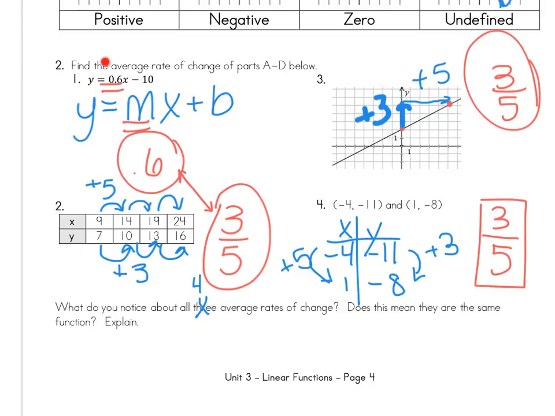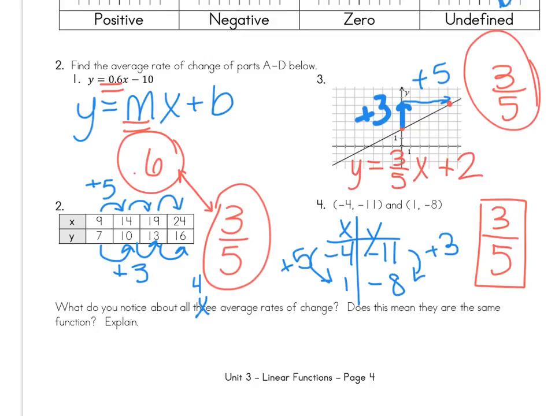Look at 0.6x, which is really 3/5, minus 10 is my y-intercept here, and check it out. Does that look like a -10? No, that looks like a +2. So if I were to write my line here, this one would be y equals 3/5, or I could also write 0.6 if I want to, because it's the same, 3/5 x plus 2.